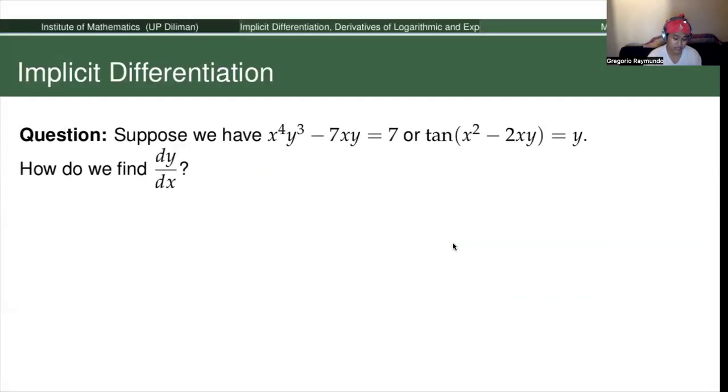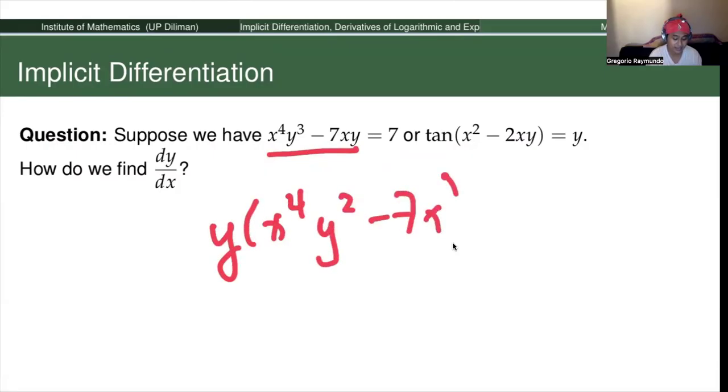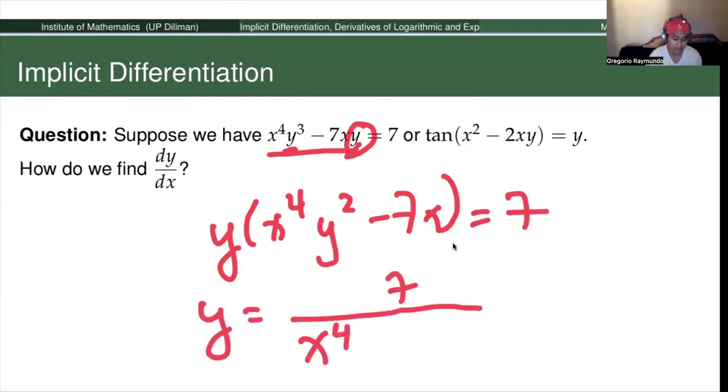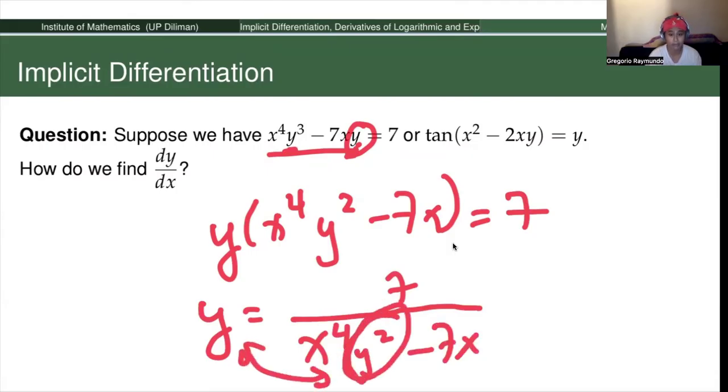Kasi paano mo i-isolate si y away from x? I-factor out mo dito yung y. So y, x to the power 4, y squared minus 7x, ito kasi yung mas maliit na power between y cubed and y, equal to 7. So you get y is equal to 7 over x to the power 4, y squared minus 7x. Now you can see may y ka pa rin. So hindi mo na-isolate si y away from x.